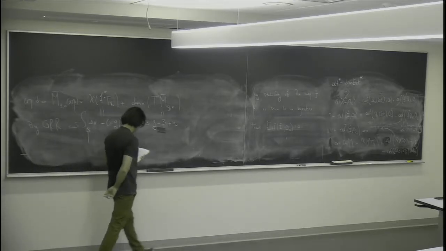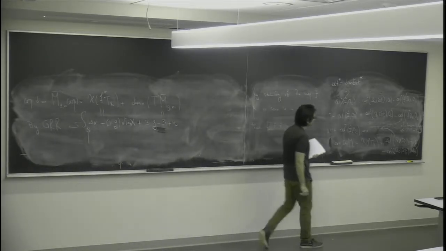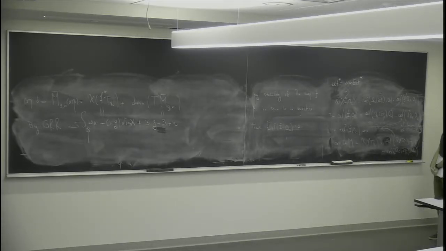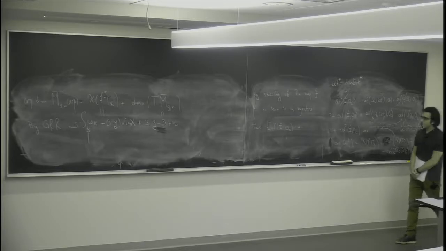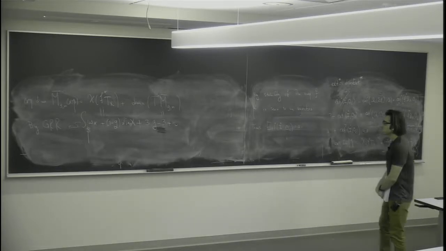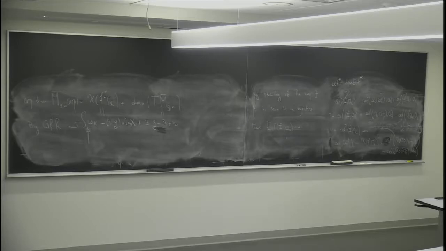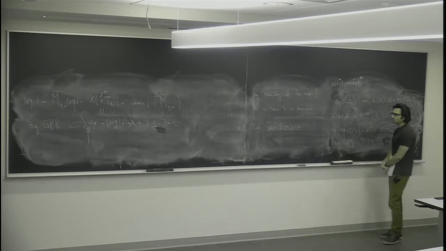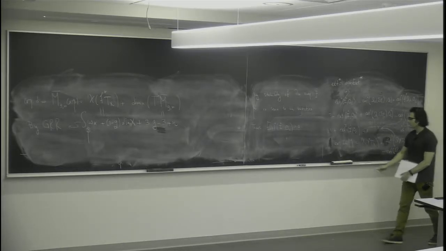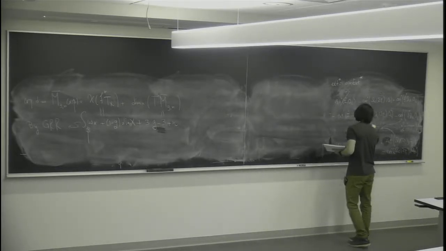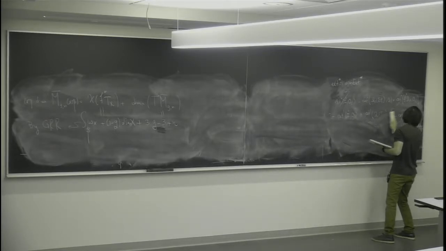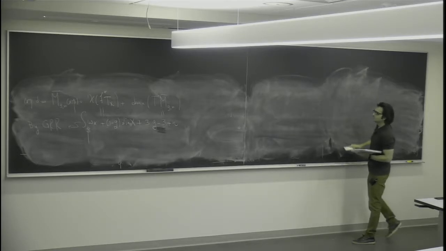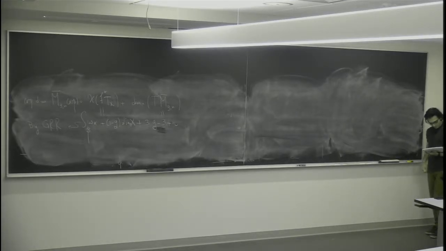Okay, any questions so far? All right. Now let's discuss. So far we know there exists something like a virtual class. It's an element of the cohomology of the space.